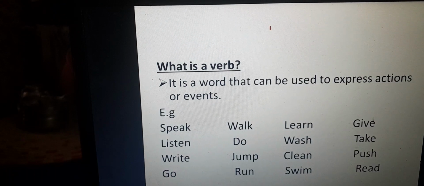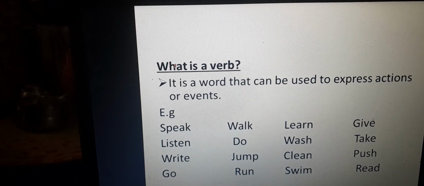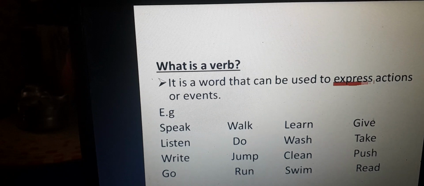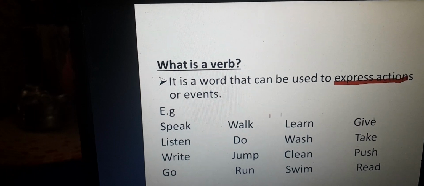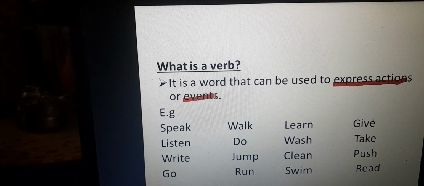And this is the point that we have seen related to this subject. Now let us try to see the verb. It is a word that can be used to express actions, okay? Actions or events. So in short, we can deduce that a verb can be used to express actions or events, okay? So that is a fact.